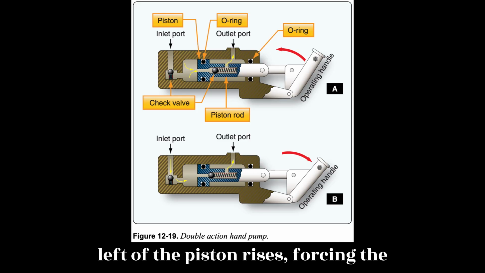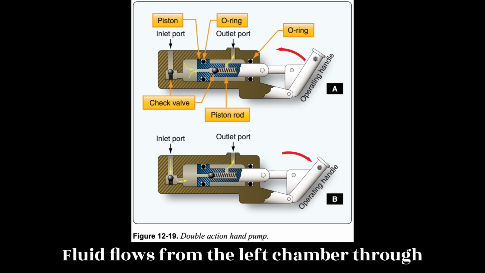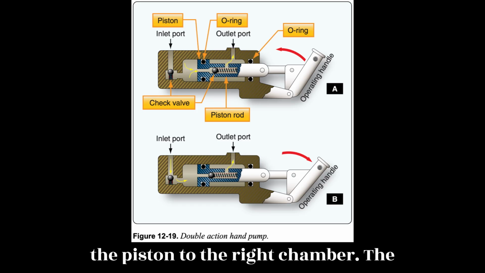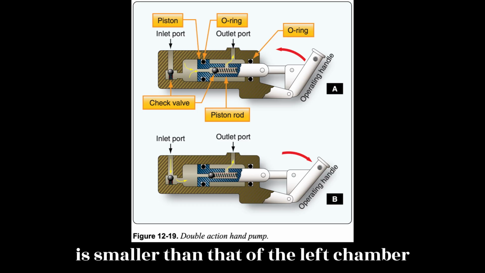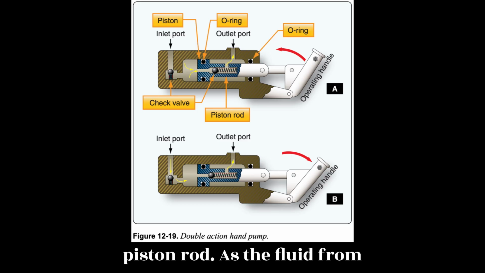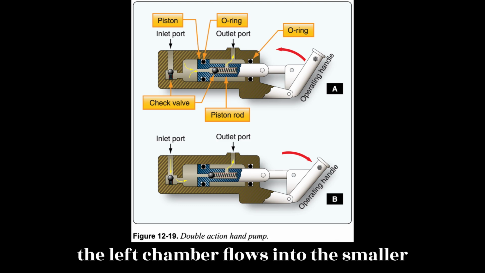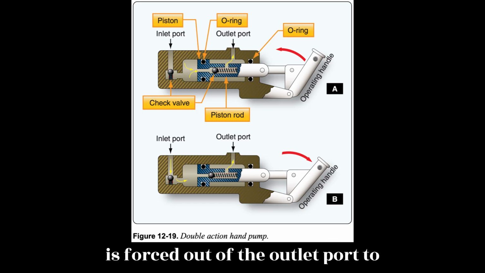Pressure in the chamber left of the piston rises, forcing the piston ball check valve off of its seat. Fluid flows from the left chamber through the piston to the right chamber. The volume in the chamber right of the piston is smaller than that of the left chamber due to the displacement created by the piston rod. As the fluid from the left chamber flows into the smaller right chamber, the excess volume of fluid is forced out of the outlet port to the hydraulic system.